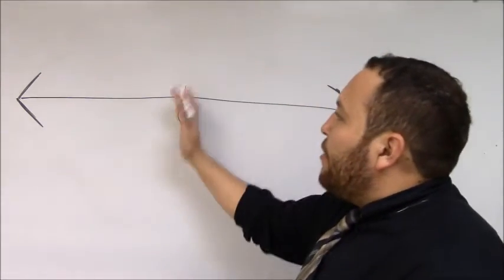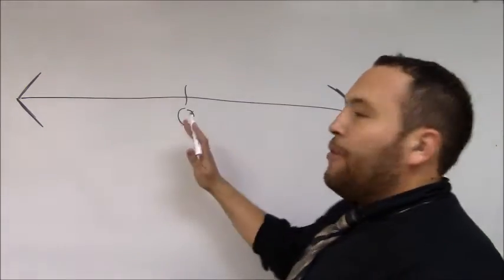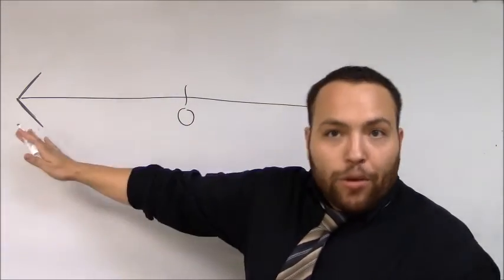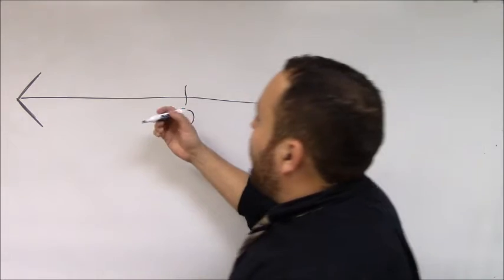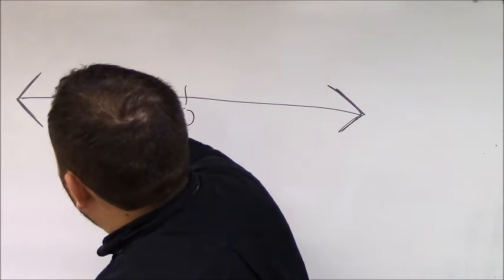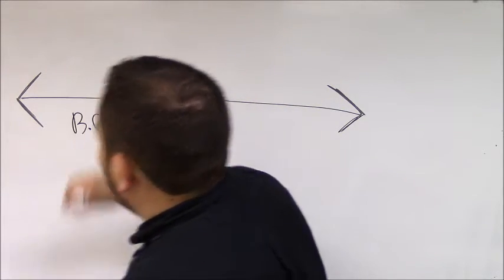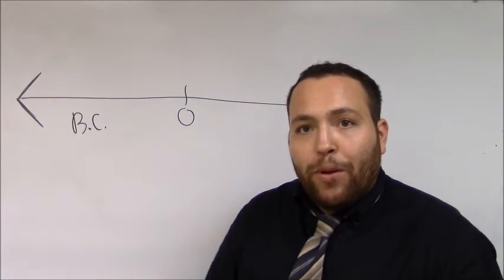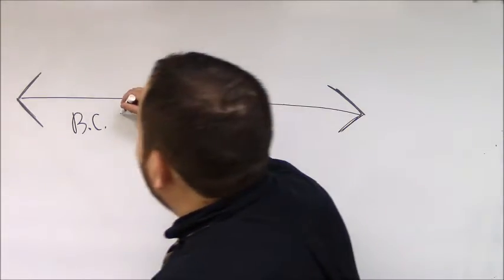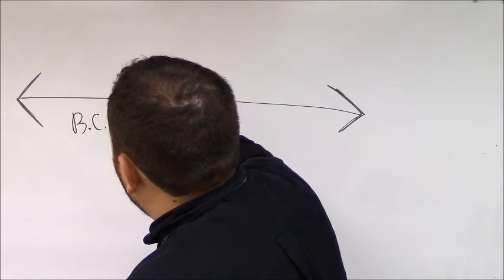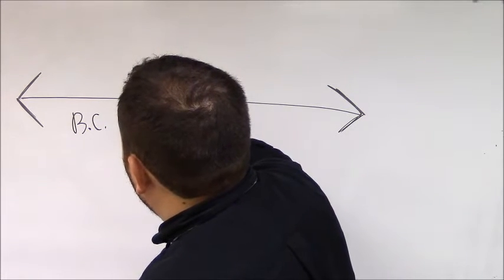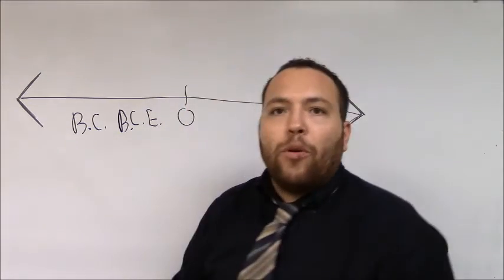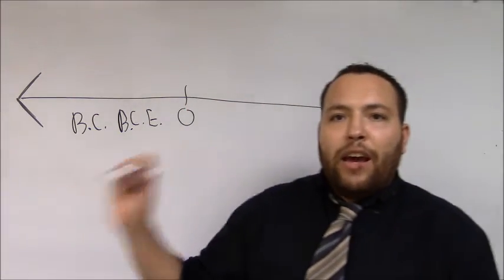So it's divided at year zero. Everything that happened before zero is what we call BC, which means before Christ, or if you want to be more politically correct, BCE, which stands for before Common Era.